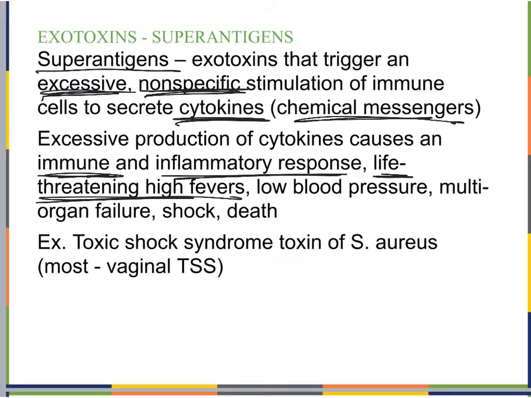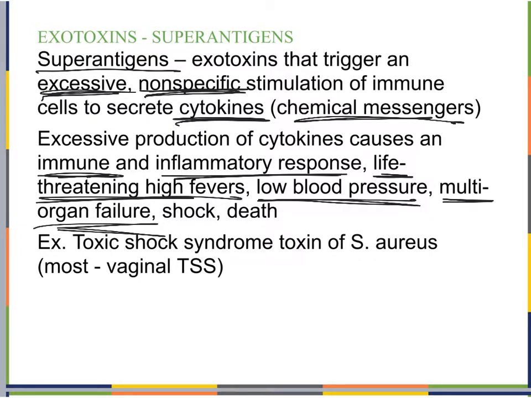Part of the inflammatory response causes fever, and if we have an excessive inflammatory response, that means we have an excessive fever. It also dips the blood pressure because of this inflammatory response. We actually have a dilating of the blood vessels, which causes a drop in the blood pressure, and that can be so low that it can also cause life-threatening problems.